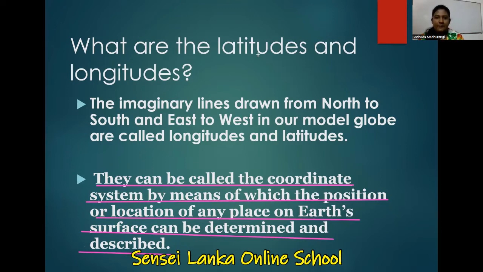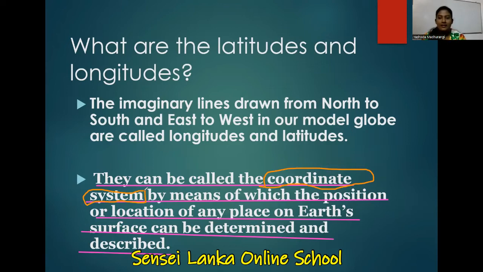For these longitudes and latitudes, we use another name. What is that name? When we think about the longitudes and latitudes together, we say they are a coordinate system. Why do we need this coordinate system? To find the correct location. Do you know that Google Map? There you can find the correct location. හරියටම ගෙදර තියෙන තැන location එක share කරන්න පුළුවන් නේද?